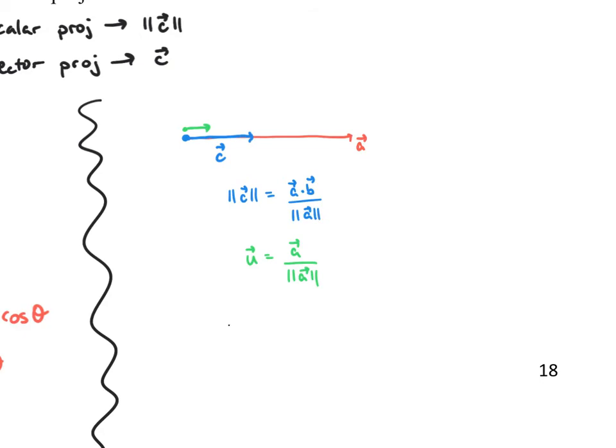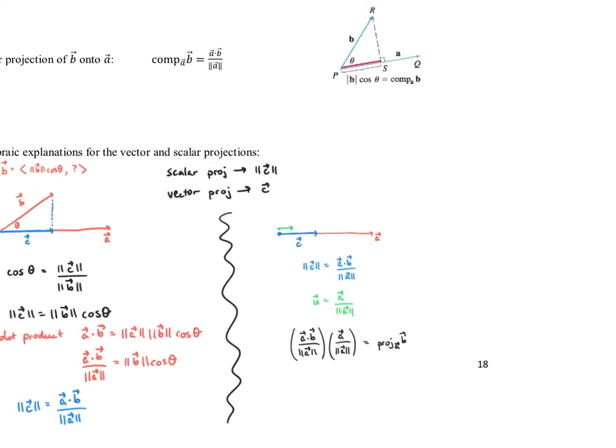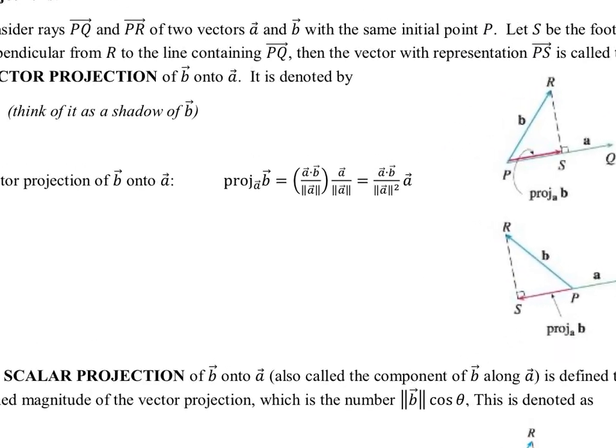We get A dot B divided by the magnitude of A, multiplied by the vector A as a unit vector. This is called the vector projection, and it's the vector projection of B onto A. If you look up in our notes, you will see this is exactly how they write it.